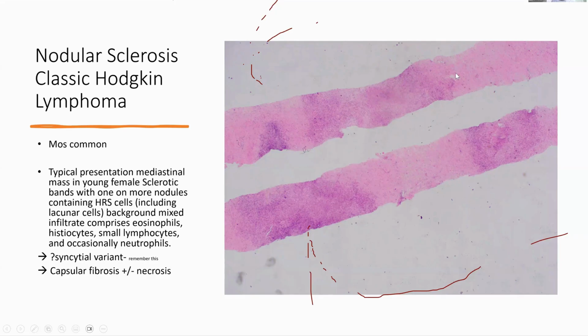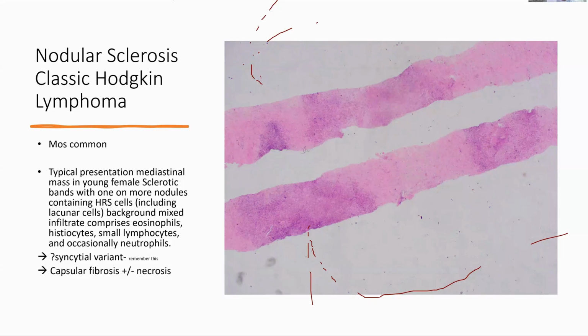And this is the typical picture that you see on core biopsies. Usually they present as a mediastinal mass. Nodular sclerosis Hodgkin lymphoma has a predilection for young patients with more female predominance rather than male predominance.